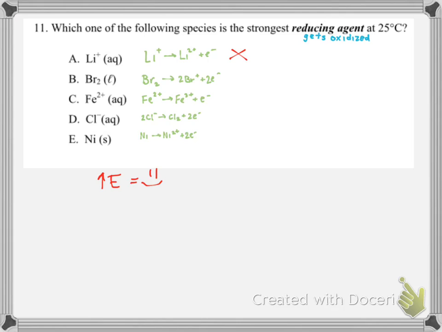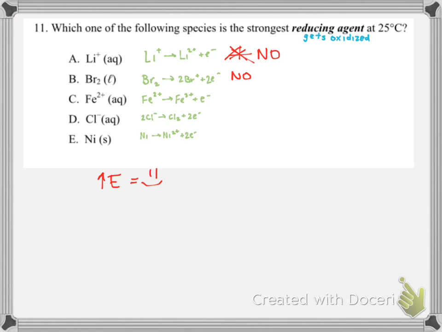Lithium can't lose 2 electrons. Okay? It's much more likely to be reduced. And the same goes for Br2. We don't really see Br plus around, we see Br minus. So this reaction also won't happen.